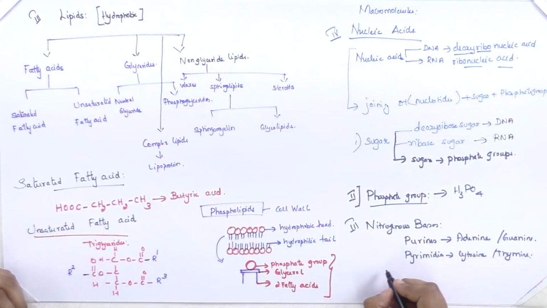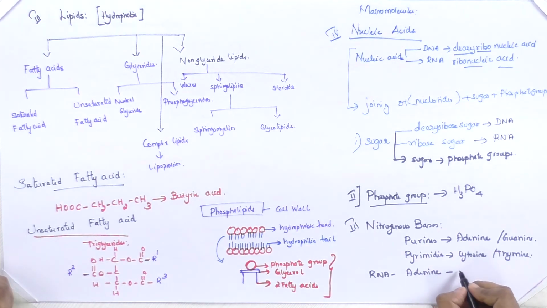So for RNA, it is adenine, uracil, guanine and cytosine. Adenine, guanine, cytosine, thymine and uracil are the five nitrogenous bases found in nucleic acids.